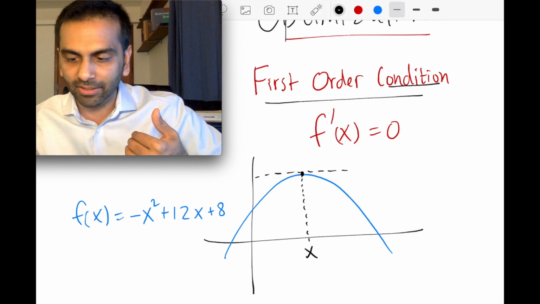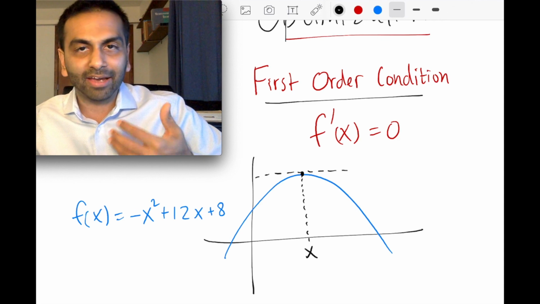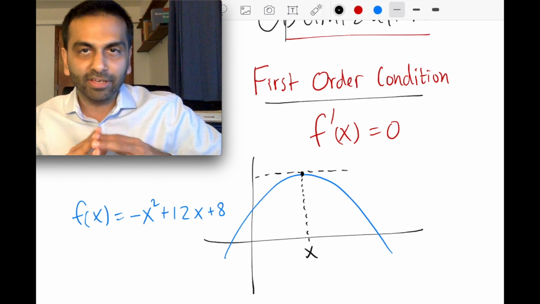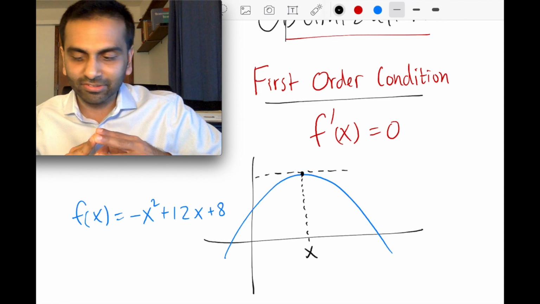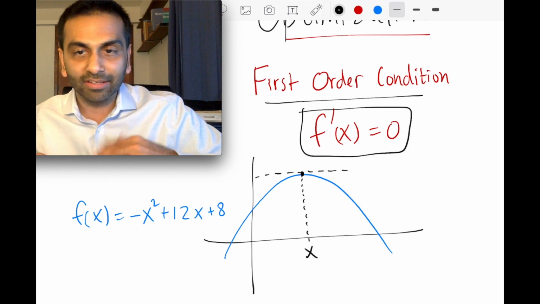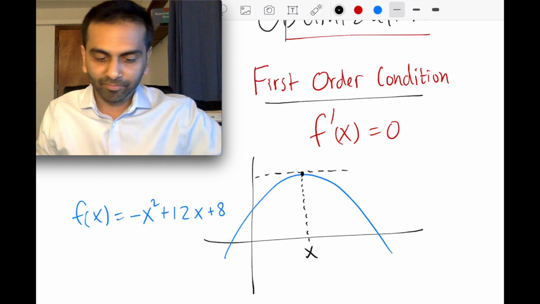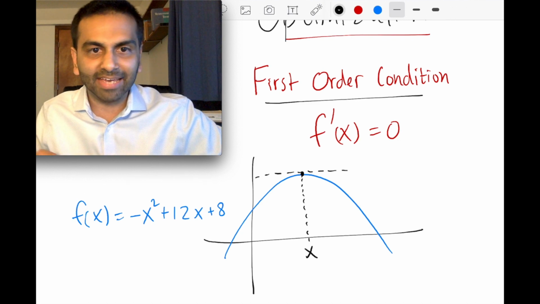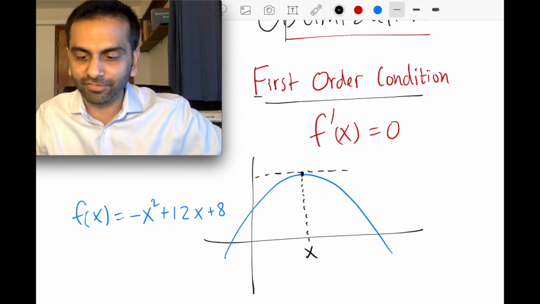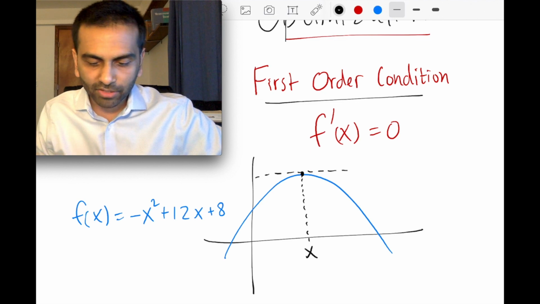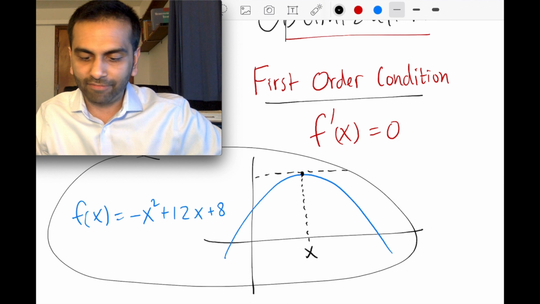So the condition, in order to be a max or a min, is one of the two conditions, that the first derivative equals 0. So this equation is the first order condition. So if a question says, on this function, find the FOC, that's what this stands for, first order condition. So find the FOC of this graph right here.